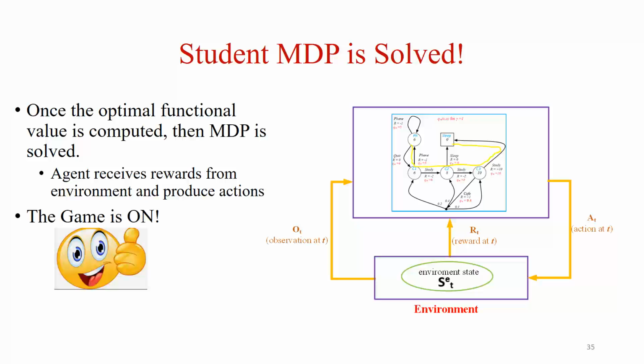Once we determine the optimal action values and the optimum value functions, the state values and the action values, my Markov decision process is solved, and now we can play the game, because I know that the actions produced by this agent will give me the maximum future rewards.